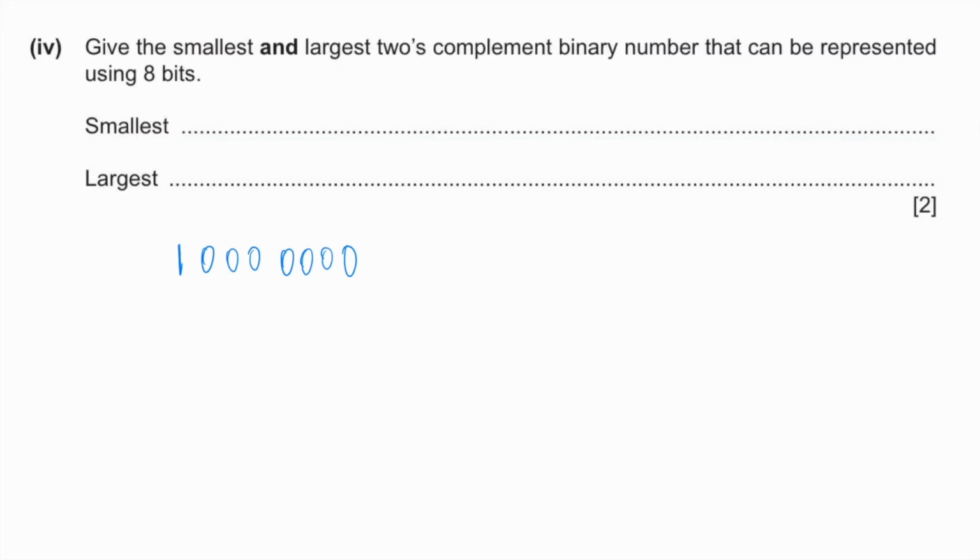So we just have 1, 0, 0, 0, 0, 0, 0, 0. And this would be our 2's complement representation, 1 making it negative, and the rest of the zeros representing that value. Largest, on the other hand, we want a positive value, and then the highest possible values for the rest of the digits, which are going to be 1, 1, 1, 1, 1, 1, 1. And that's how we would represent the largest value.